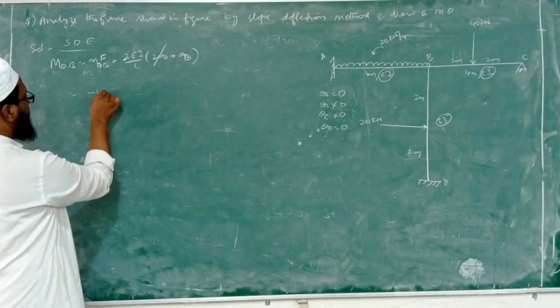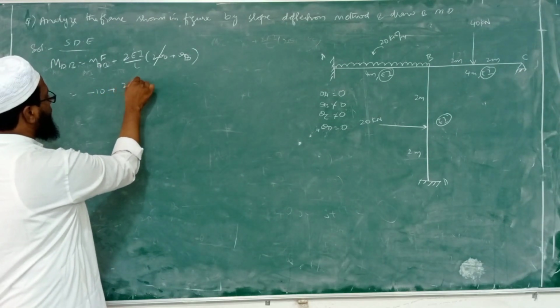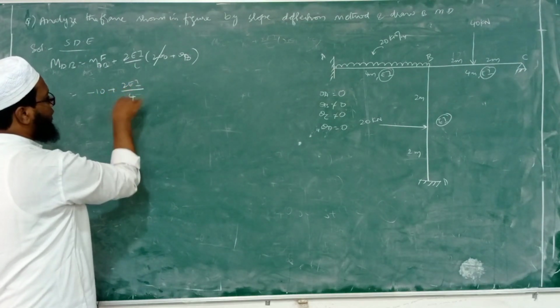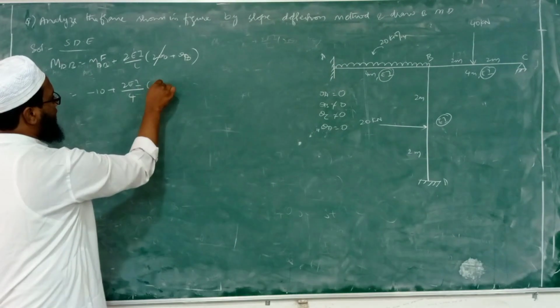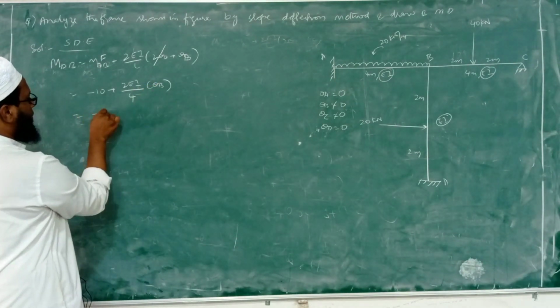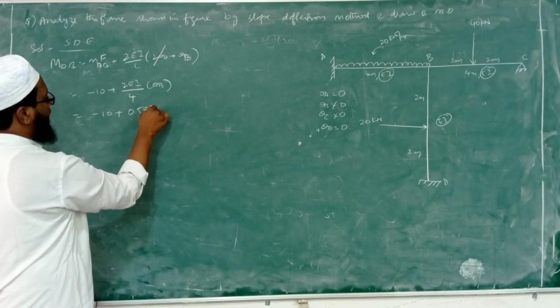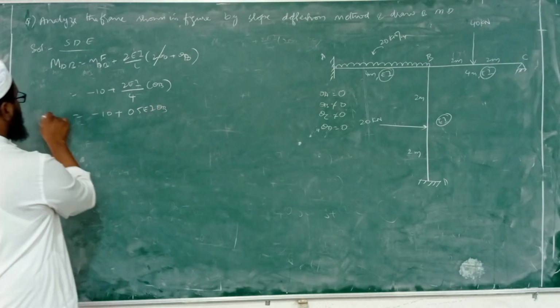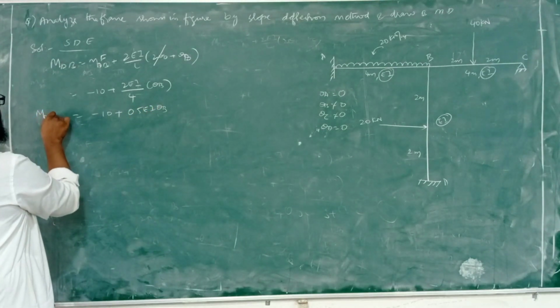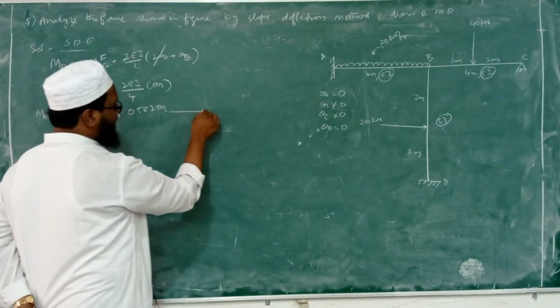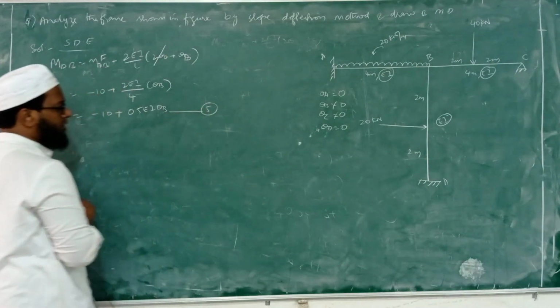Minus 10 plus 2EI by 4 again into theta B. So minus 10 plus 0.5 EI theta B. This is MDB. This is equation number 5.